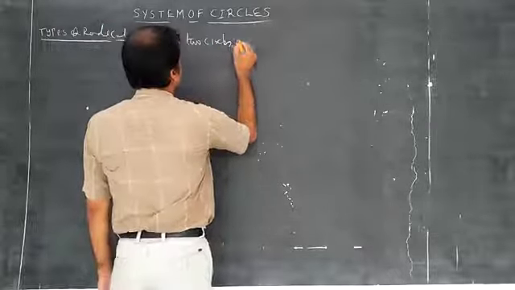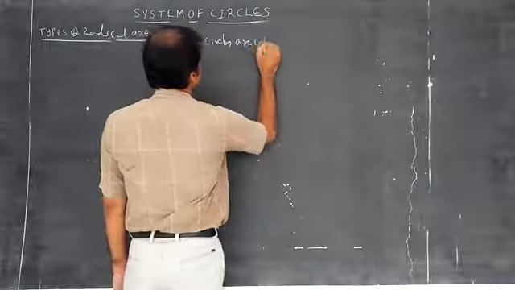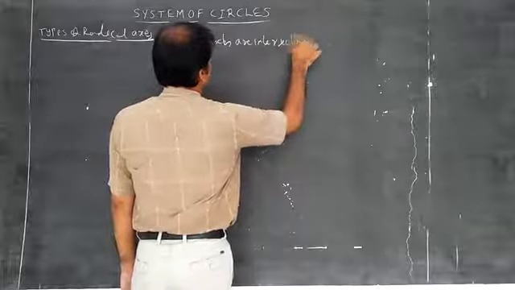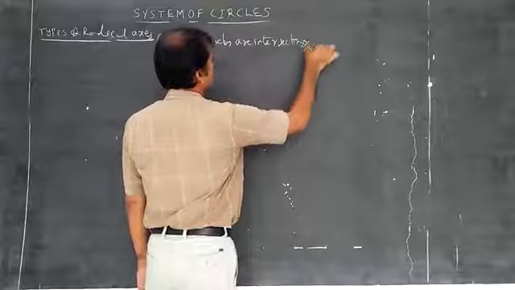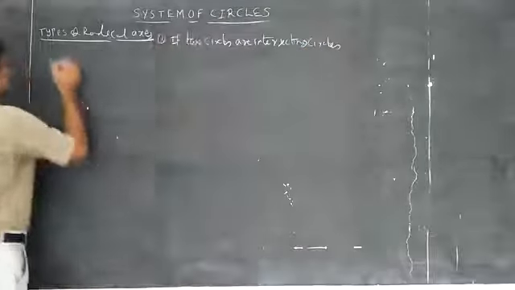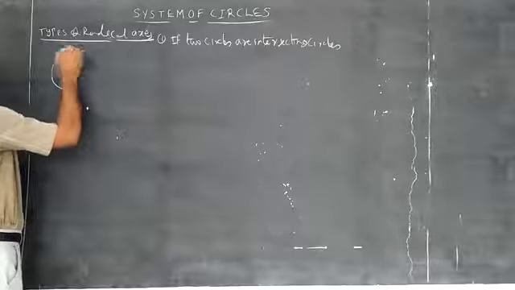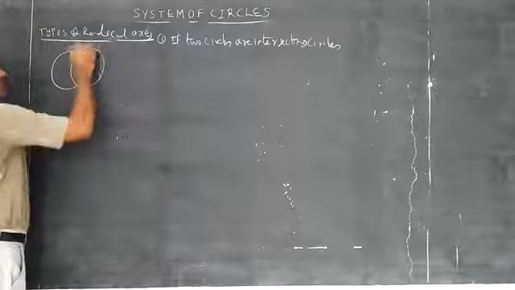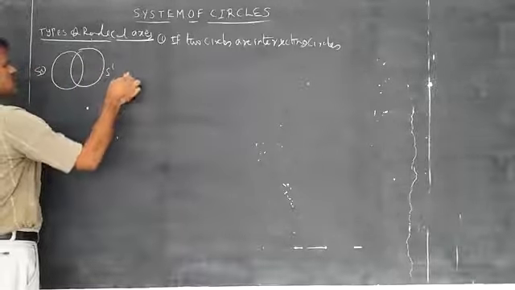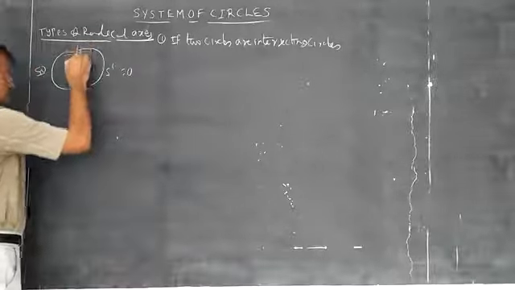If two circles are intersecting circles, draw like this. This is S equal to 0 and this is S dash equal to 0.